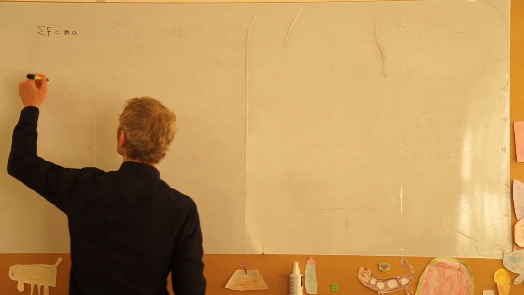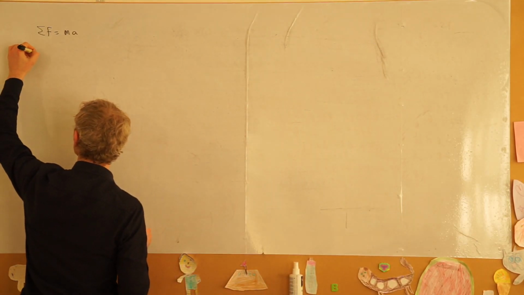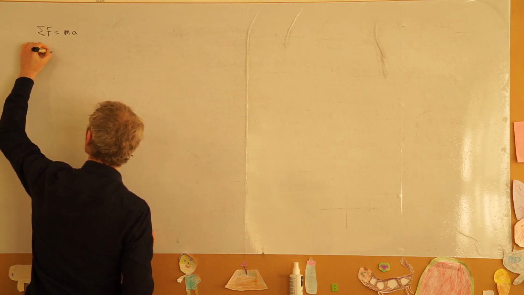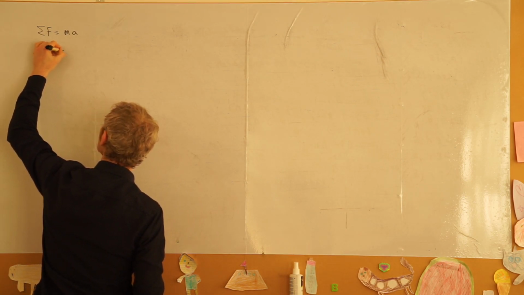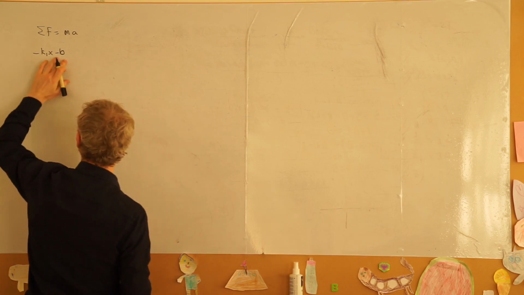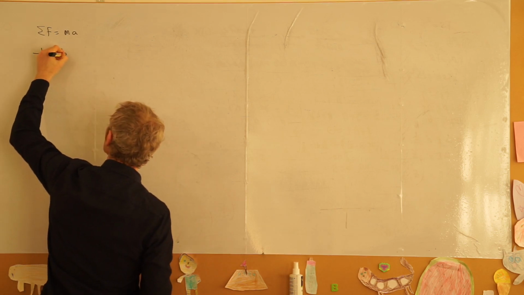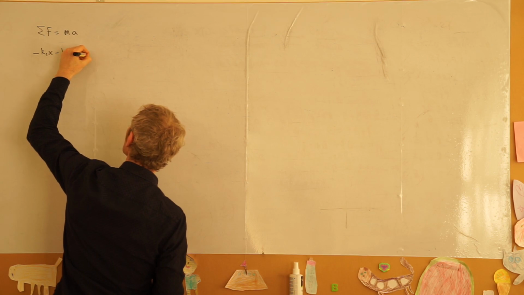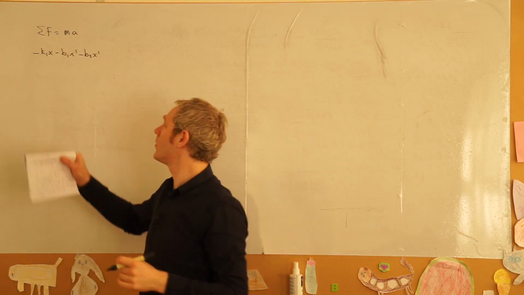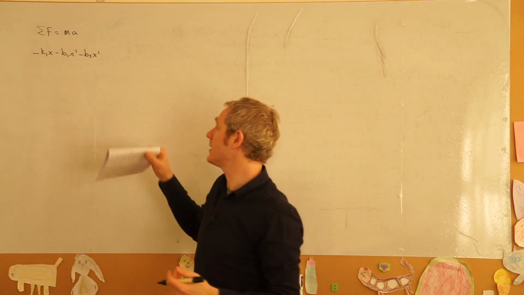The spring force will be directed to the left, so that's minus K1 x minus, did I use B or C? I used C. Usually I'd use B, but it doesn't really matter. These are the forces from the springs and the damper.